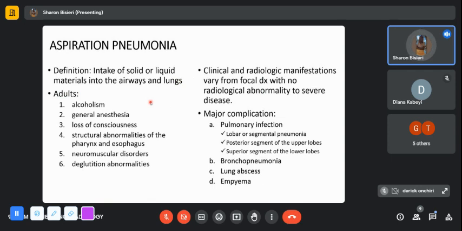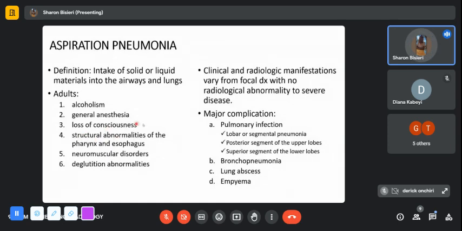So lastly, the next topic we'll cover is aspiration pneumonia. By definition, aspiration is the intake of solid or liquid materials into the airways, and it can occur as a result of many things. In adults, it's commonly seen in alcoholics because they tend to aspirate their vomit a lot. It can also be seen in general anesthesia because of an impaired gag reflex, and also post-op, given that patients can develop ileus that can further worsen the probability of aspiration happening.